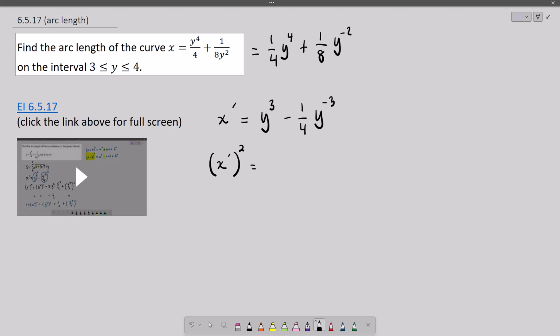That's going to make your life easier in the long run. So when we square this, we get that. And the very last term, that's an easy term, so we're going to have plus 1/16. Oh, but it's so tempting to multiply it out. Let's just not multiply it out.